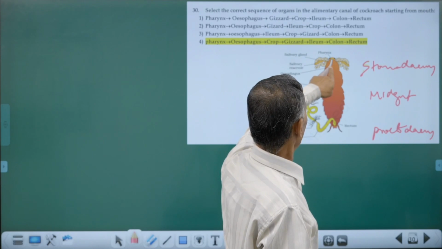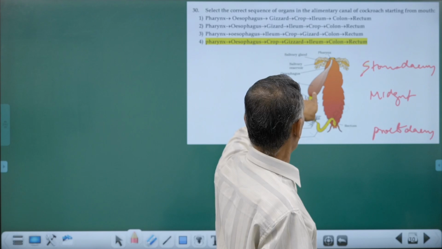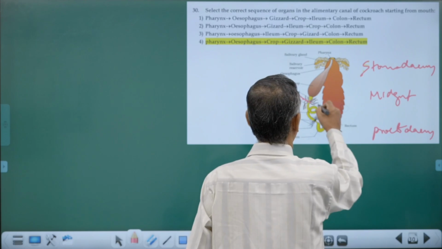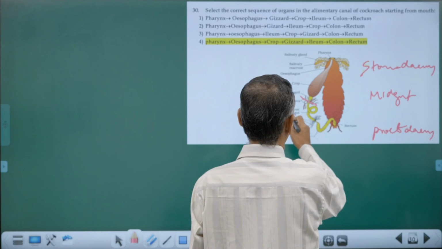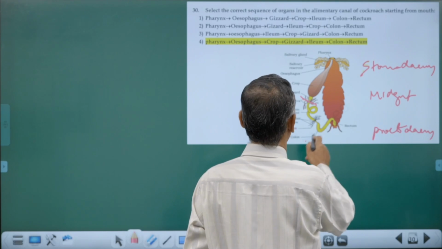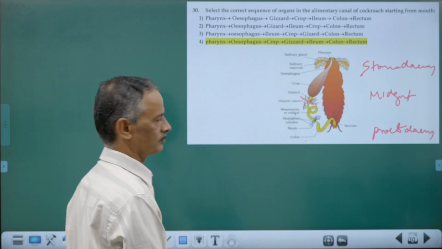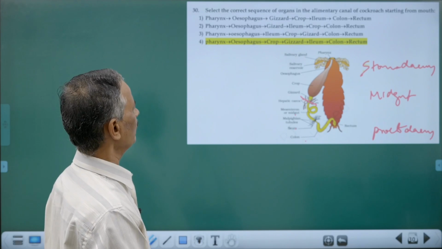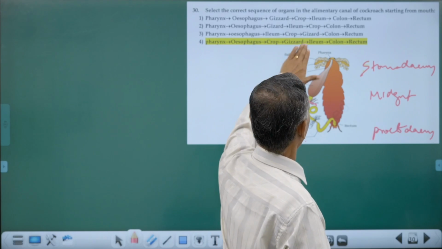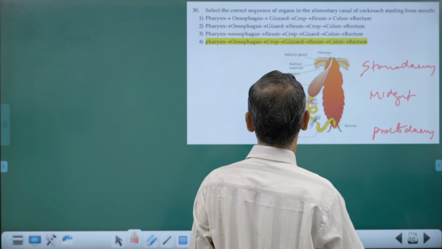Stomodeum consists of an esophagus that leads from the buccal cavity. Then esophagus is followed by the crop, gizzard, up to this level. Now the mesenteron or midgut. Then hindgut consists of ileum, colon, and rectum. So we will be having the order: pharynx, esophagus, crop, gizzard, midgut, ileum, colon, and rectum.